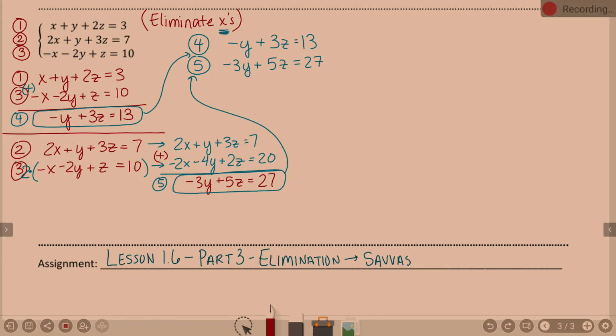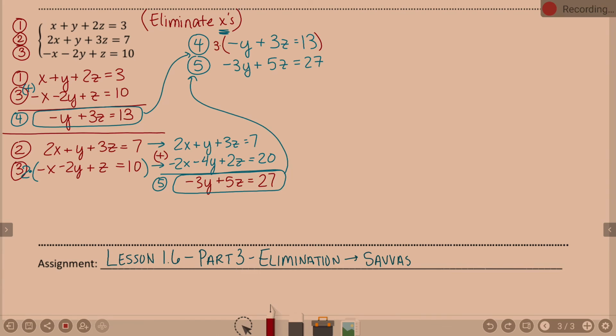So eliminating y is obviously multiplying that top by some version of 3. If I'm going for my opposite signs that I like to teach, I'm going to multiply that top by a negative 3. You can multiply it by 3 and just subtract. You can multiply the top by positive 3 and the bottom by a negative 1 if you want. So, regardless, this top is multiplied by some type of 3.